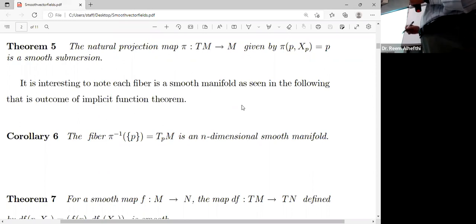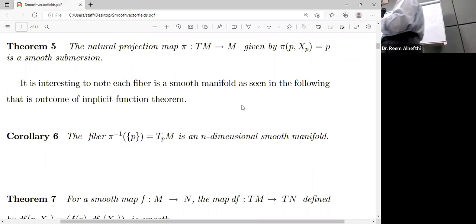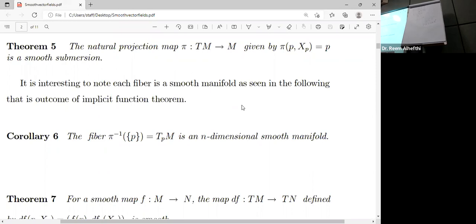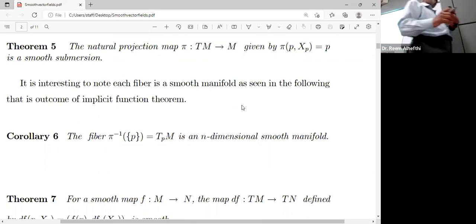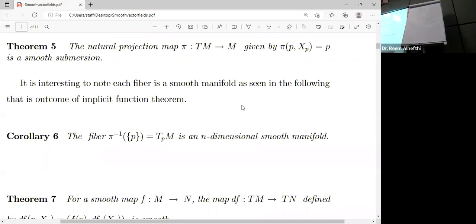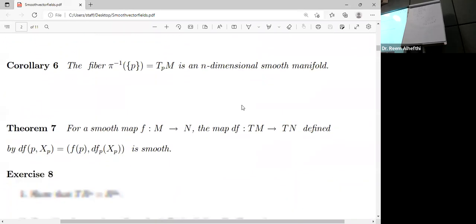So it's easy to understand this point, but not in general true. For S1, it is true, fortunately. But S1, S3, they are parallelizable. You can factor them, but not in general. For example, for S2, this does not happen. So each fiber, the tangent space, is an n-dimensional smooth manifold.